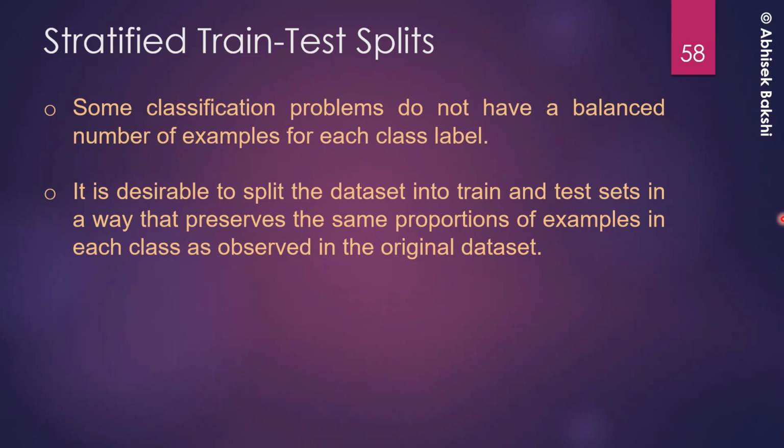Say blood sugar or maybe type 2 diabetes. So you have a data set of, say, hundreds of people. Naturally, there may be a situation that 90% of the people do not have diabetes. Only 10% of the people have diabetes in the dataset.